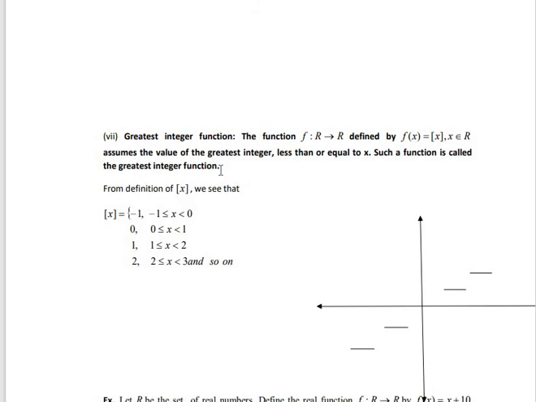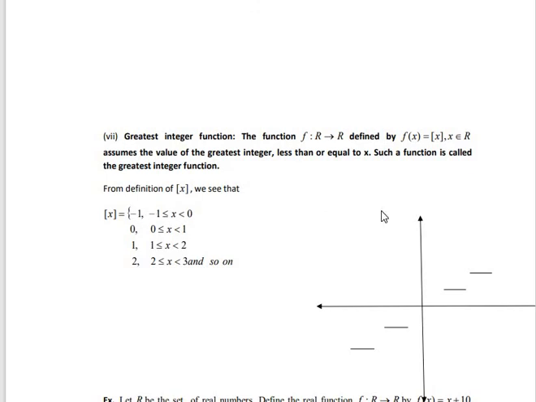Mathematically, from the definition, we see that box of x is equal to -1 when x lies between -1 and 0. Suppose you choose the value of x as -0.5, then the value of box of x is -1.